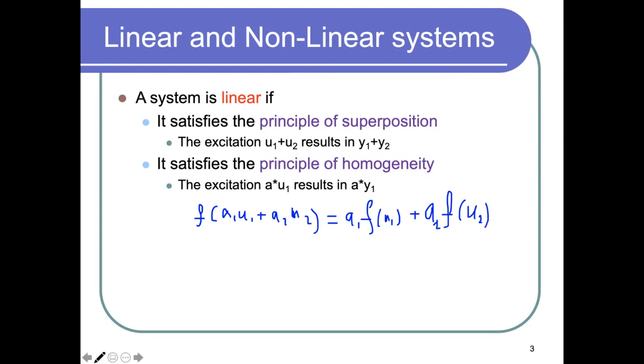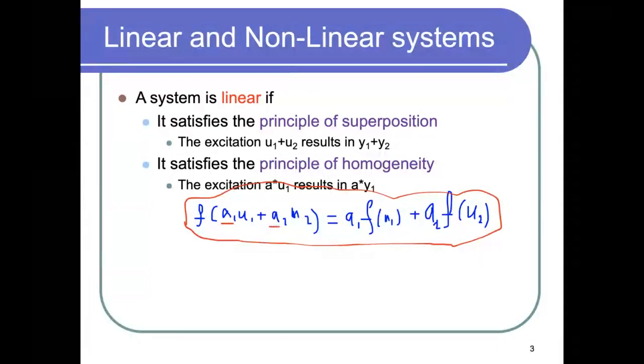This is one way of checking linearity by a simple test. You just assume two inputs, U1 and U2, and two scalars, A1 and A2. If you substitute this entire thing and it gives you A1 f of U1 plus A2 f of U2, then the function is linear, or the system is linear.